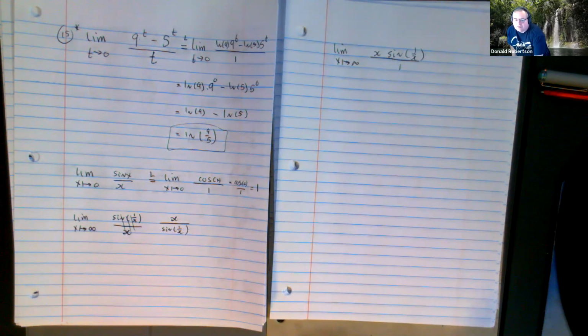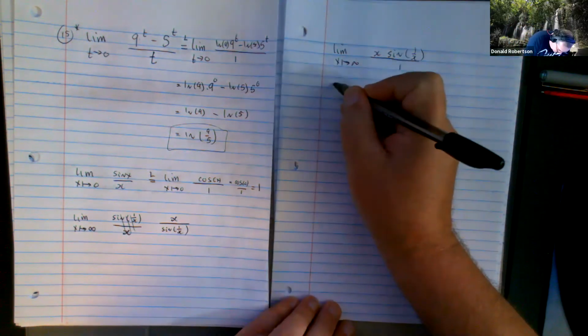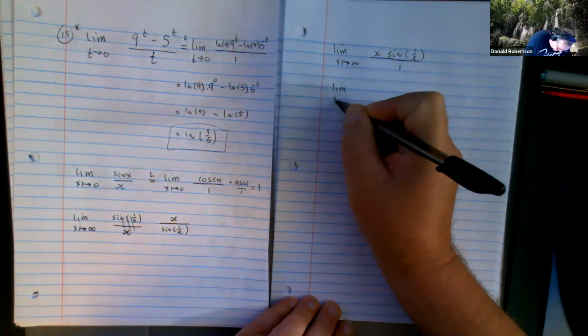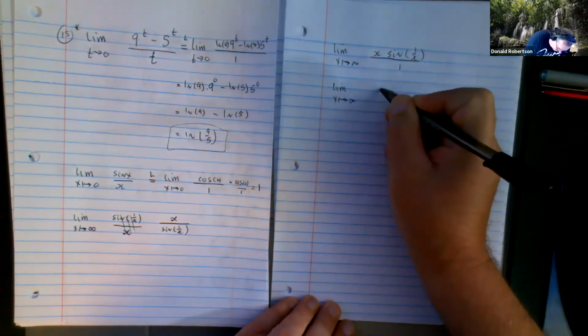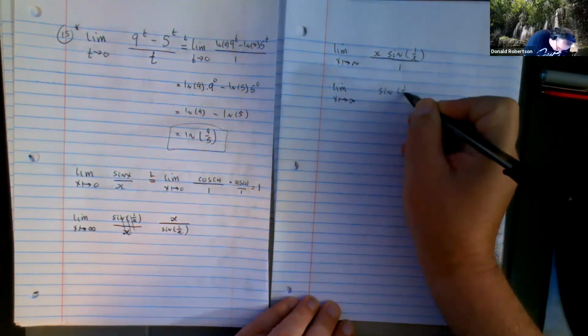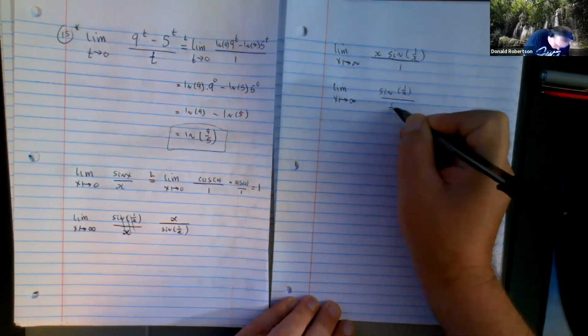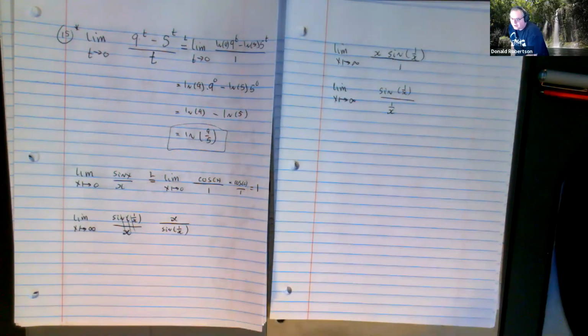You are going to look at that guy, and I hope you will say, but that's not really indeterminate form. There's a 1 on the bottom. But it's now a fraction.